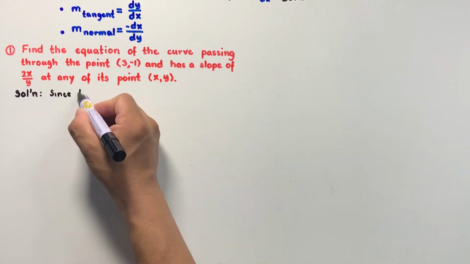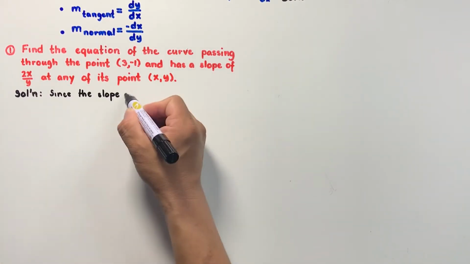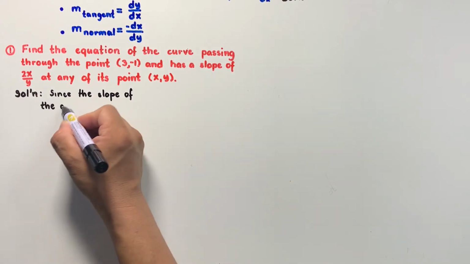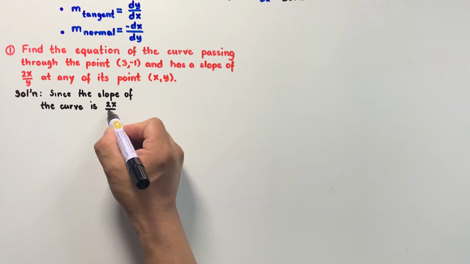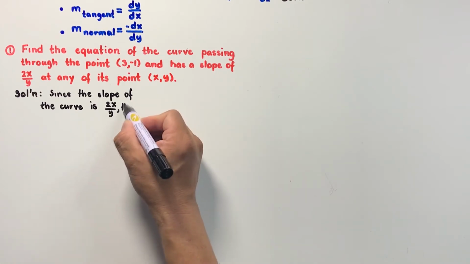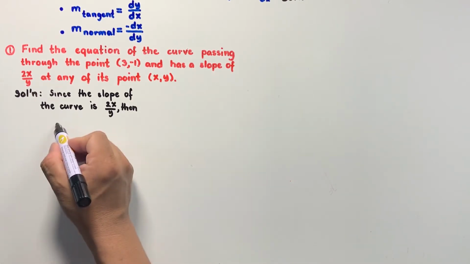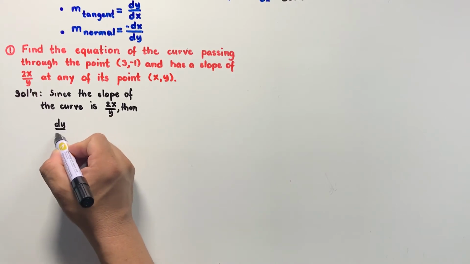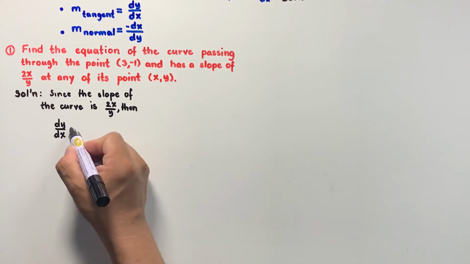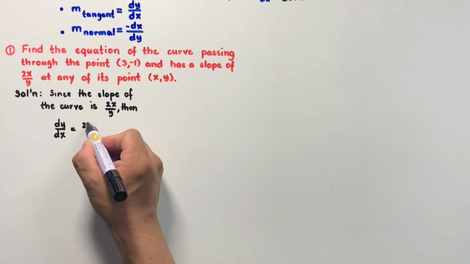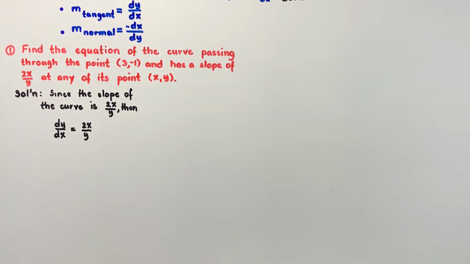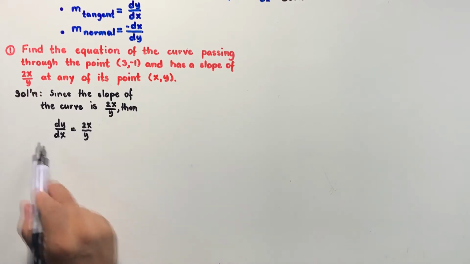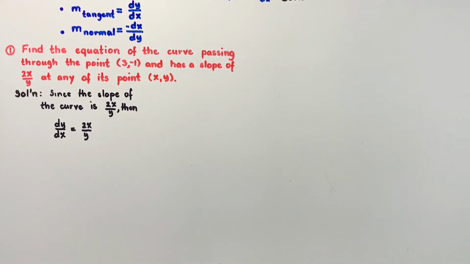So, in this problem, we are given that the slope of the curve is 2x over y. Then, we can say that the derivative of y with respect to x is equal to 2x over y. And you see that we now have our differential equation.